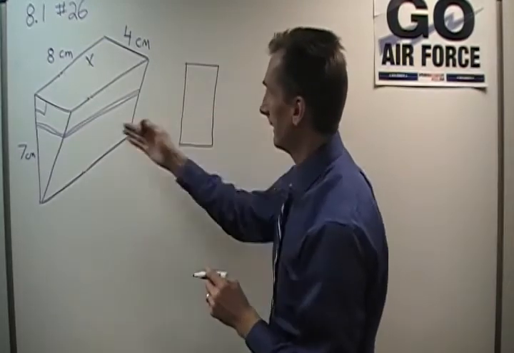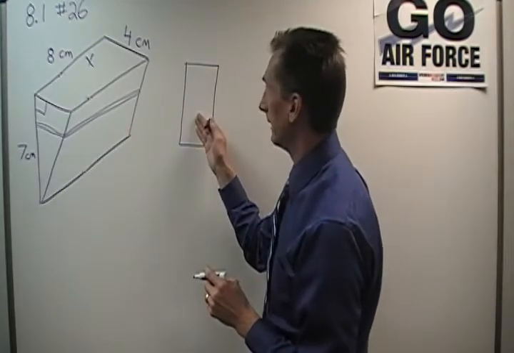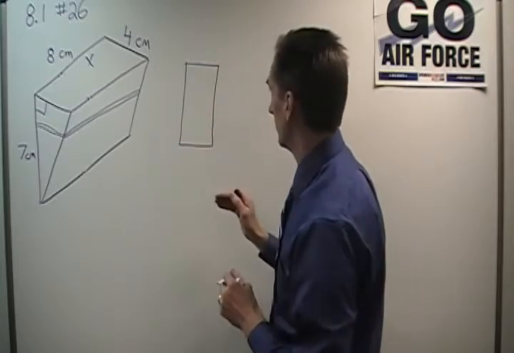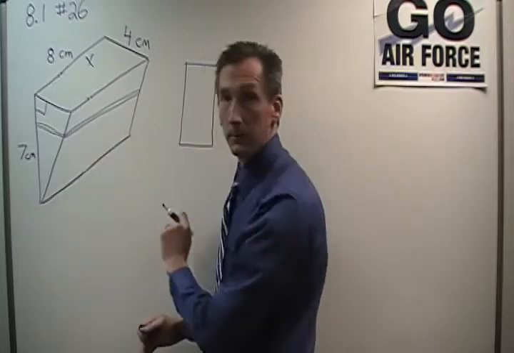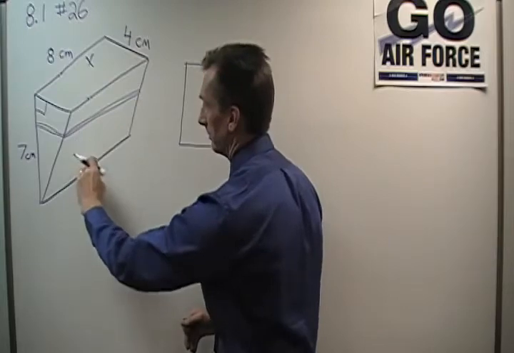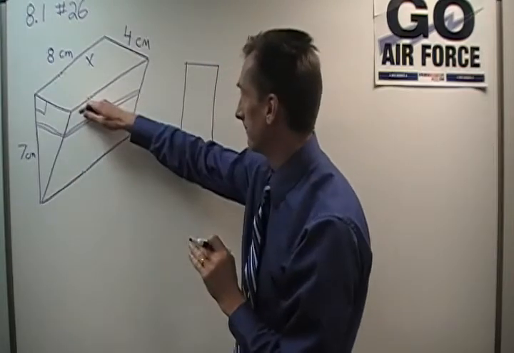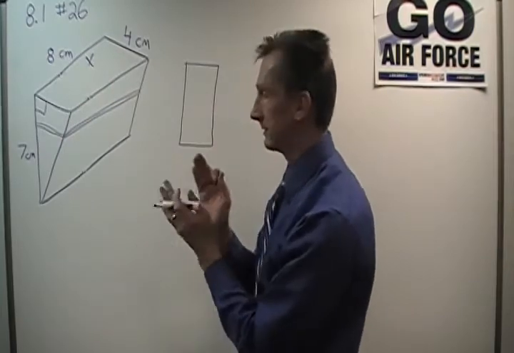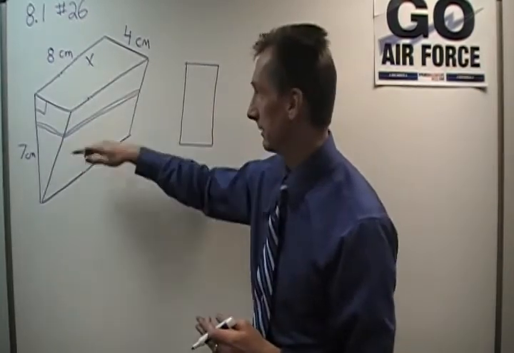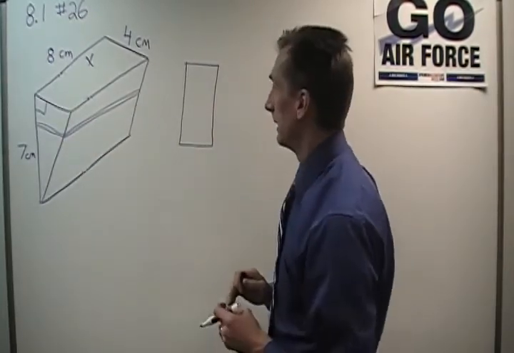We're going to do the same thing we did last time: add up the volume of all those rectangles, and putting them all together will give us the volume of the entire object.